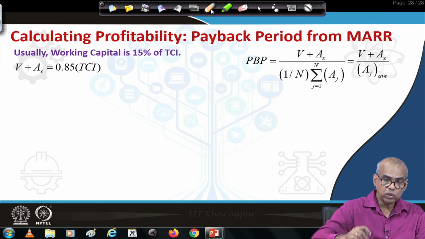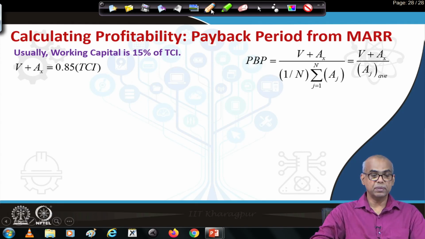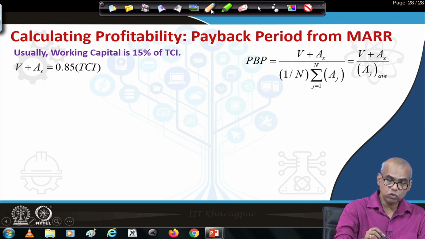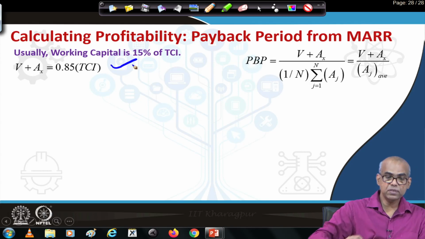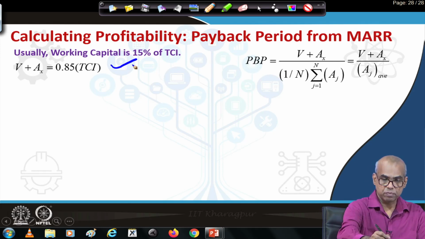Now, we know that the working capital is about 15% of the total capital investment. So, V plus AX, which represents the fixed capital investment, will be 85% of total capital investment. So, V plus AX equal to 0.85 into TCI, which represents total capital investment.